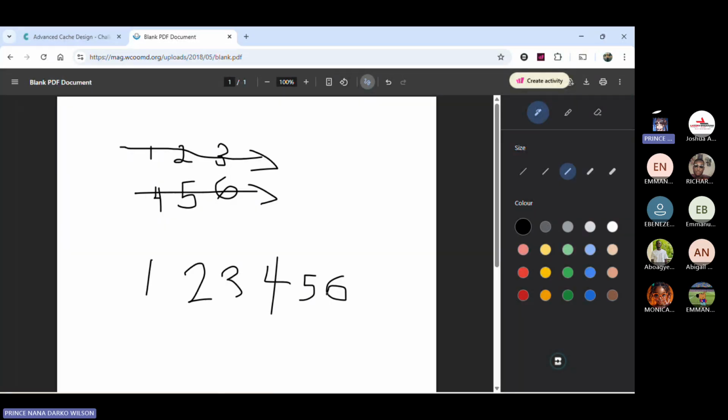Column major, on the other hand, does the vice versa, where it will access columns first, like this, and like this, which might give you a different order, unless, of course, you programmed it with respect to how the column major accepts data. So if you want to maintain order, maybe you may have decided to do it as 1, 2, 3, 4, 5, 6.